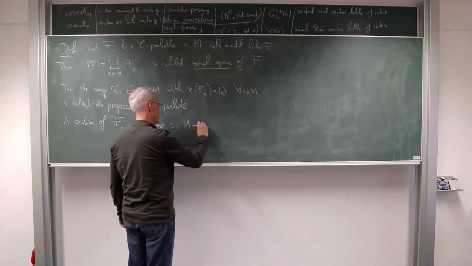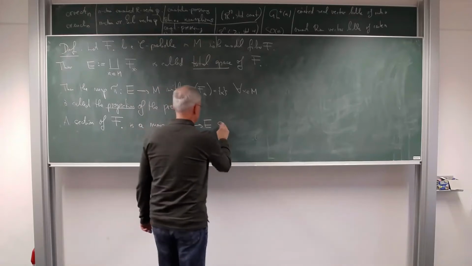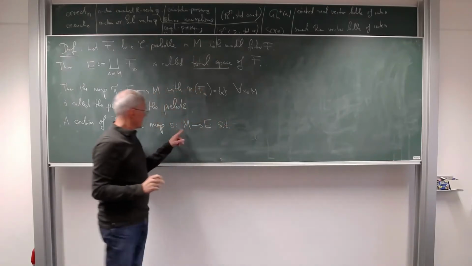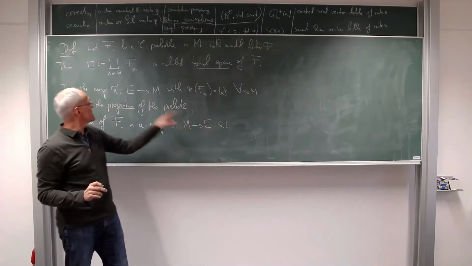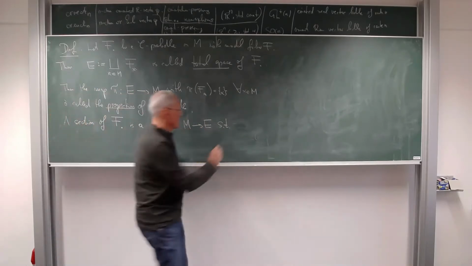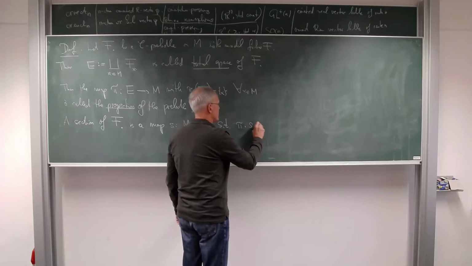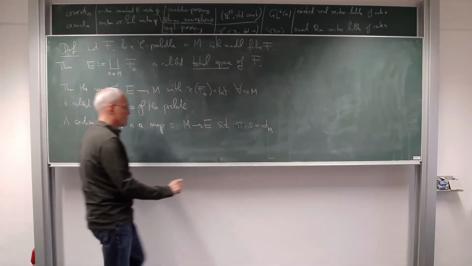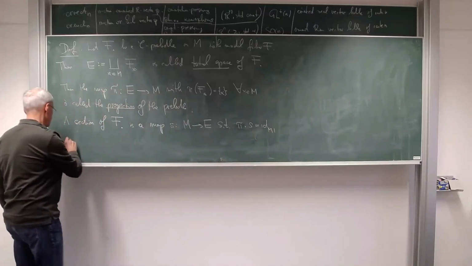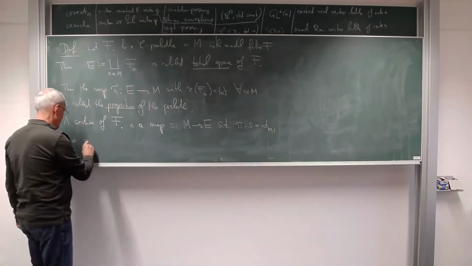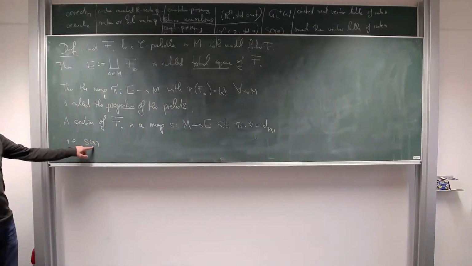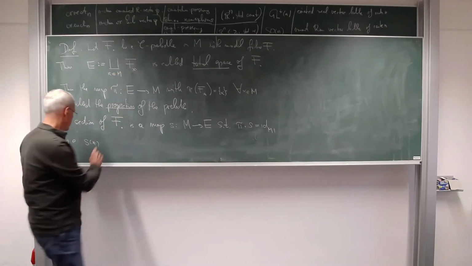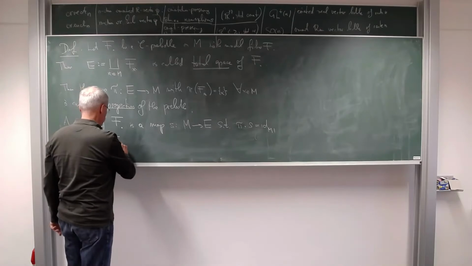This goes from M to the total space, such that if I go from M to the total space and then with pi I go back to M, this composition is the identity of M. Or in other words, what this means is that the value of s(x) is always contained in the corresponding Fx for all x.